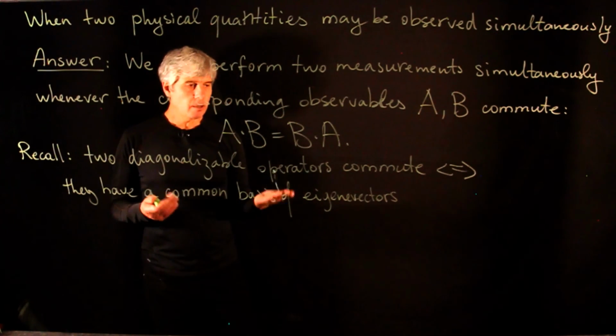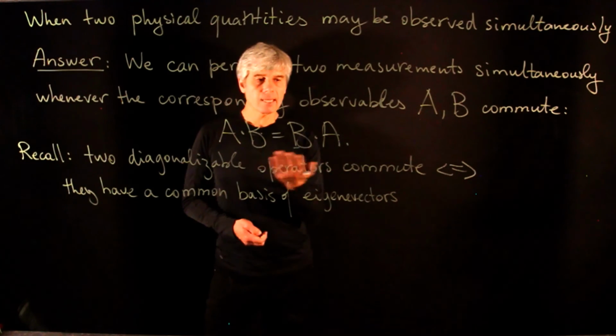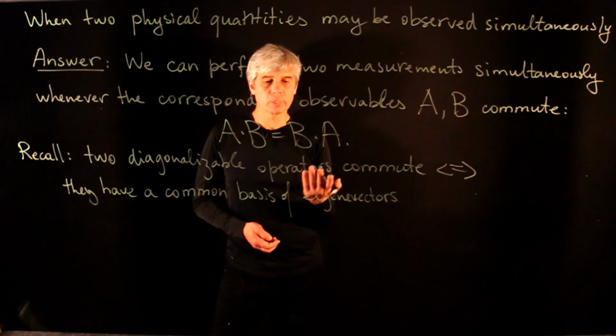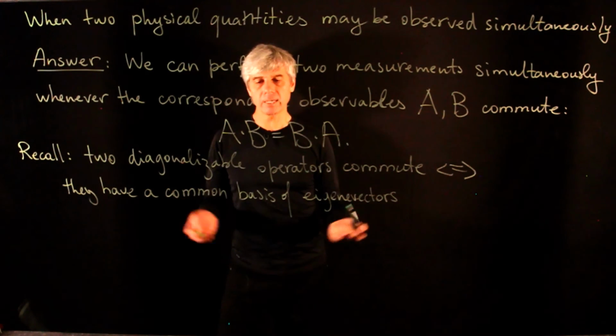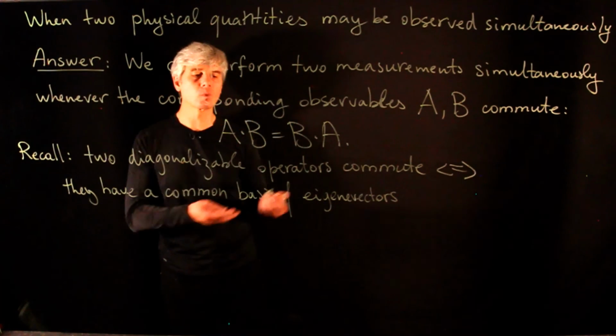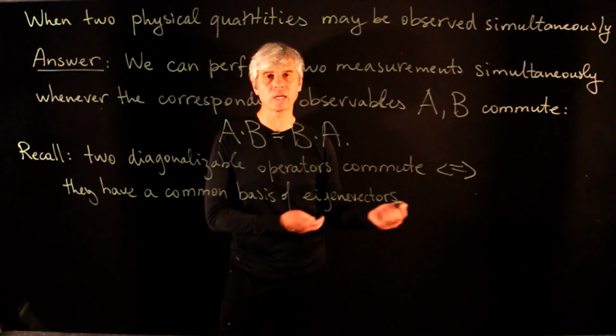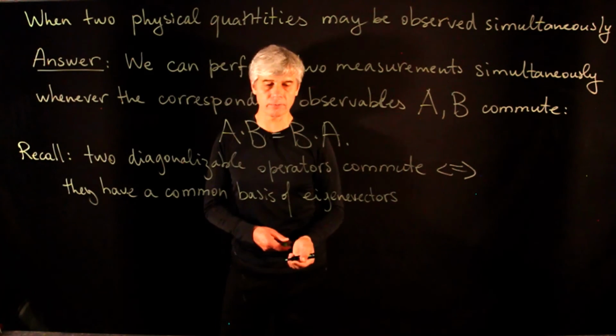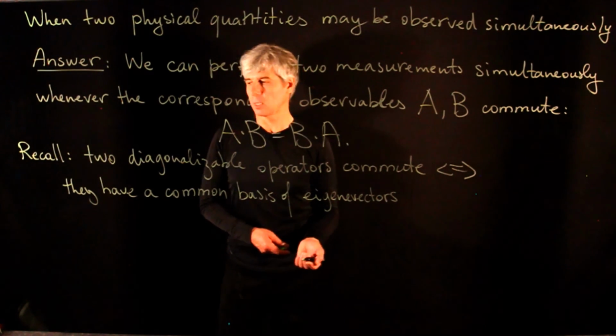And this is really important. So if we can diagonalize two observables in the same basis, then it's clear how we can perform measurements at the same time and what will be the new collapsed state of the quantum system.